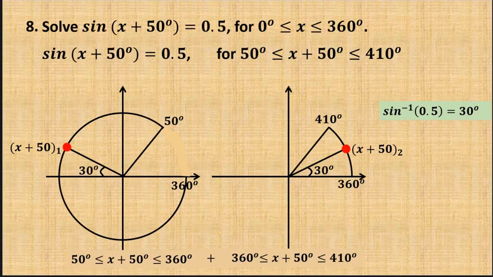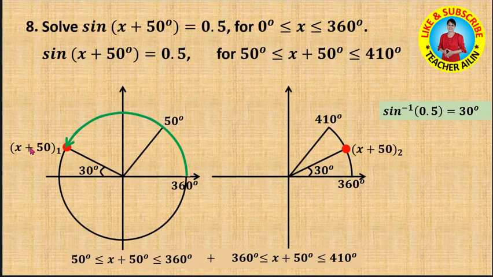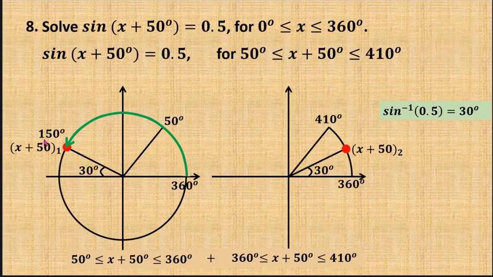After determining the position of the angle, now I'm going to find the values of the angle. The first angle starts from 0, following the direction of anti-clockwise. This value can be obtained by using 180 minus 30 degrees, which is equal to 150 degrees.